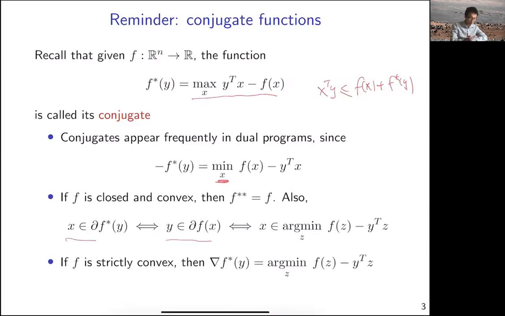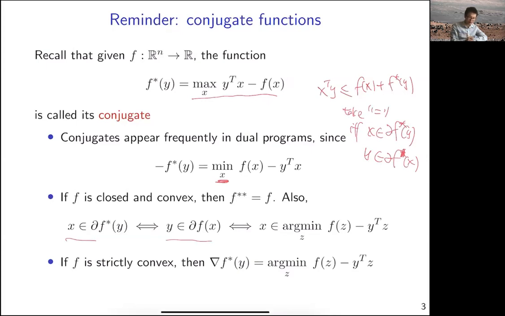So this basically says that the Fenchel-Young inequality holds with equality if and only if x is a subgradient of f star at y, and y is a subgradient of f at x.